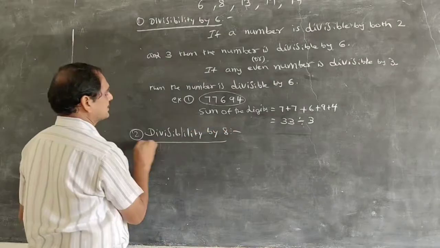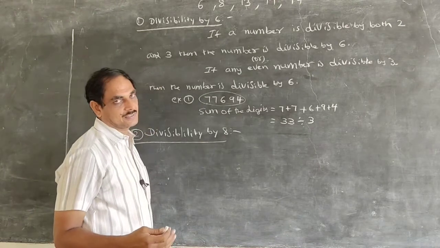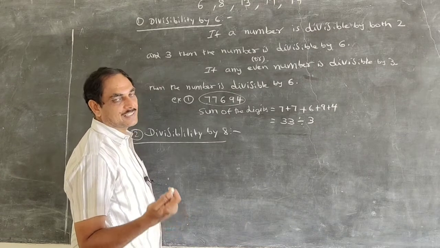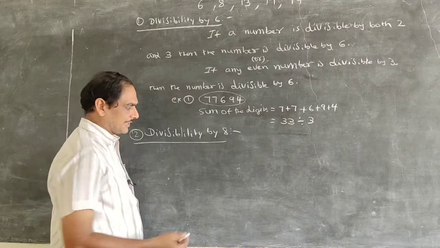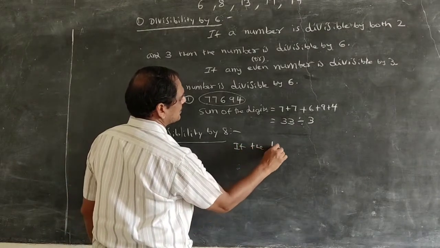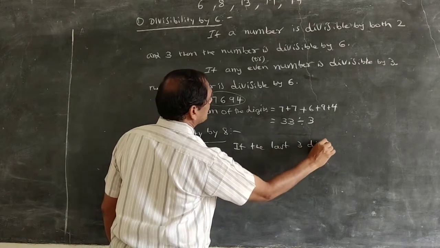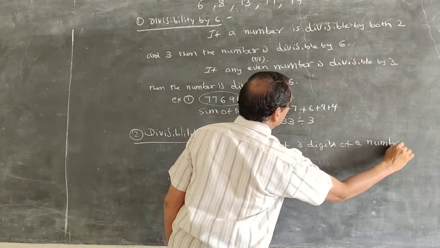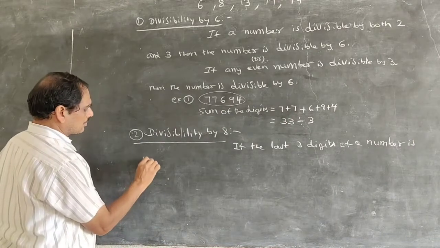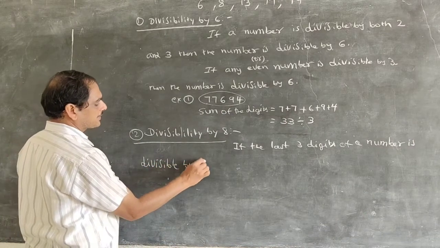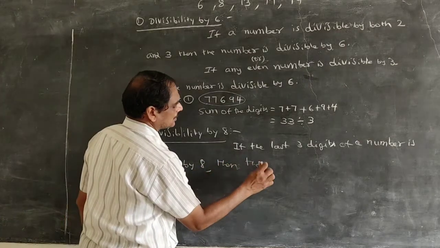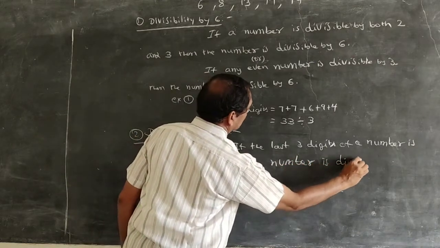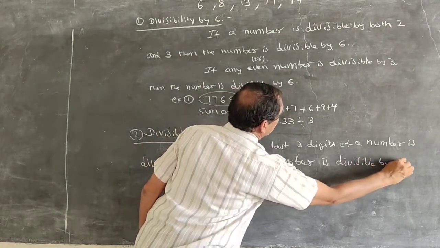By 8. If the last 3 digits of a number, that means the number formed by the hundreds, tens and units places, is divisible by 8, then the number is divisible by 8.